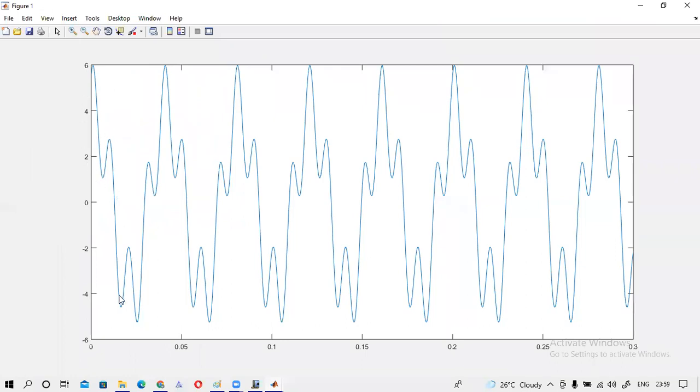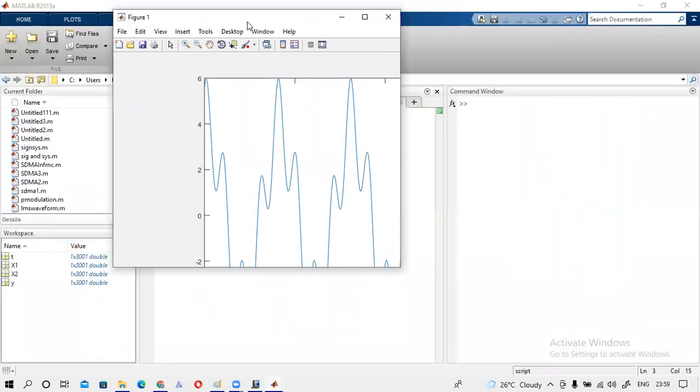This section repeats again and again, and these points repeat like this. So you can see that this is a repetitive signal.